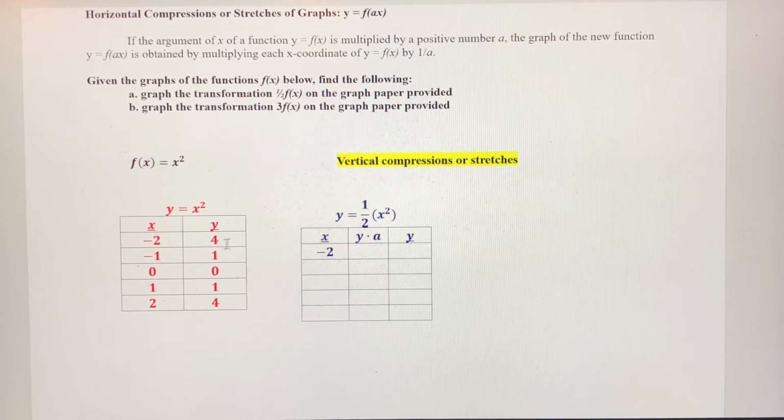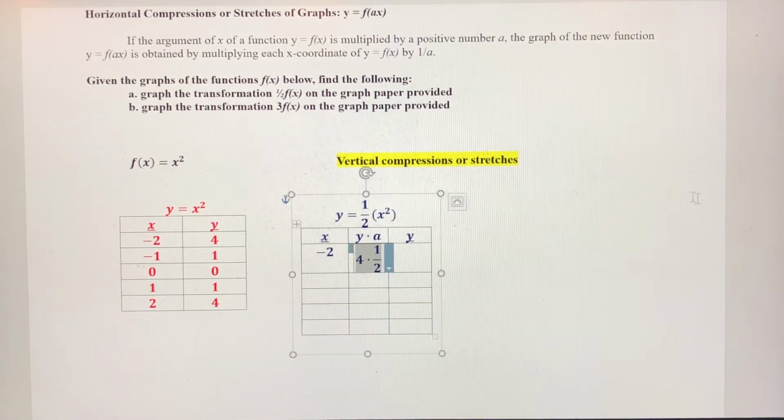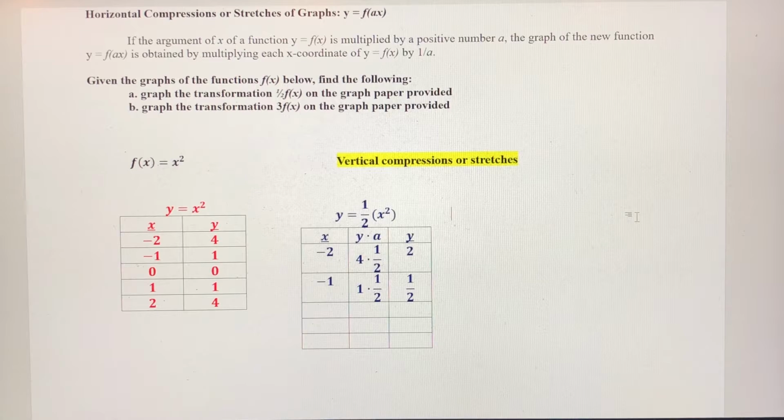So when I plug in -2, I'm going to multiply this y-coordinate by that coefficient 1/2, and it makes my new y-coordinate for the x-coordinate -2 equal to +2, okay? When I try a -1, remember -1 corresponds with a y-coordinate of 1. I'm going to multiply that by 1/2, and I get +1/2 for that y-coordinate, okay?